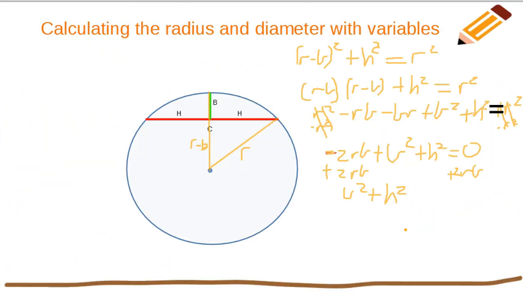Just notice I've missed the squared up there. b squared plus h squared equals 2rb. And that's what we've got now.